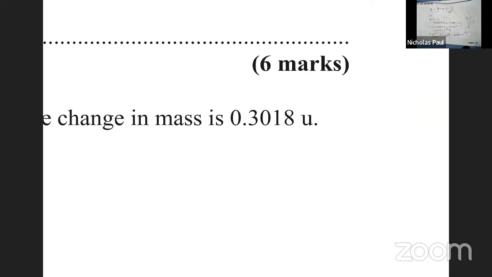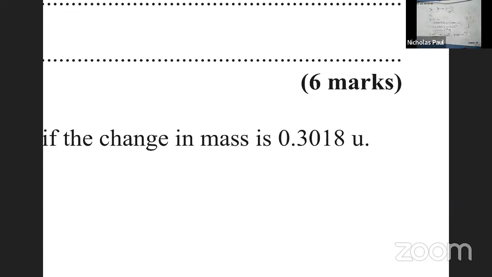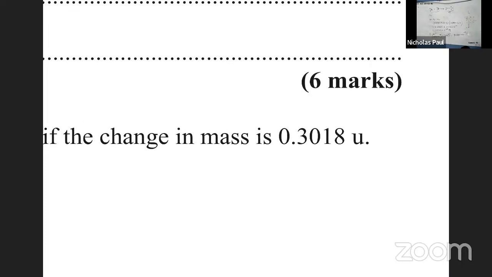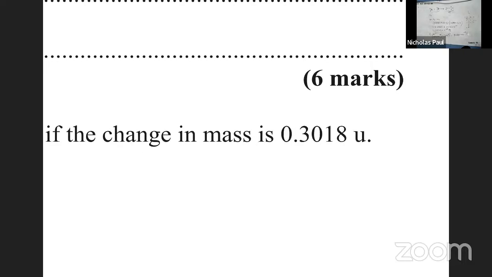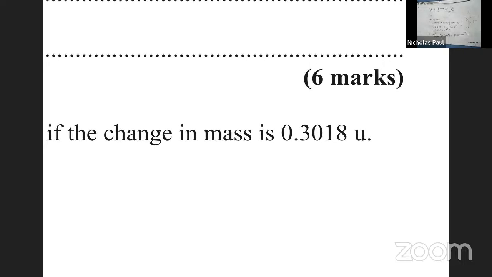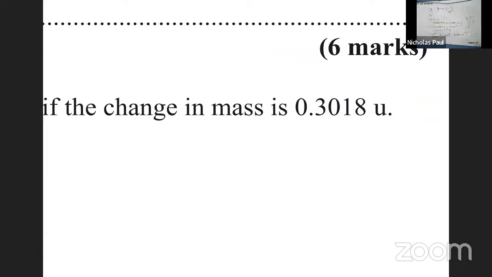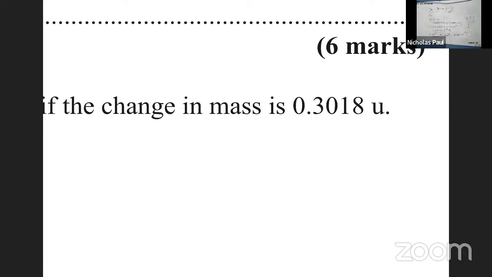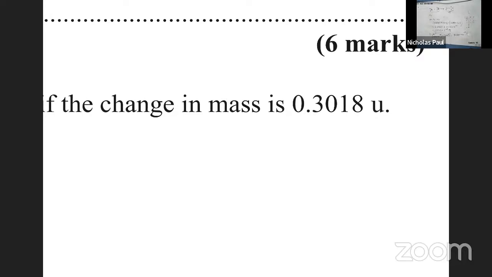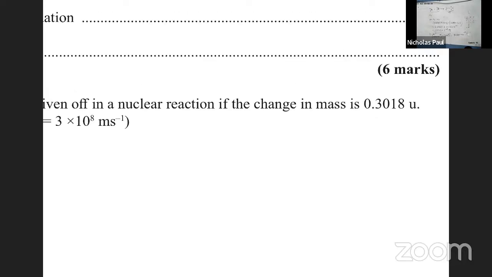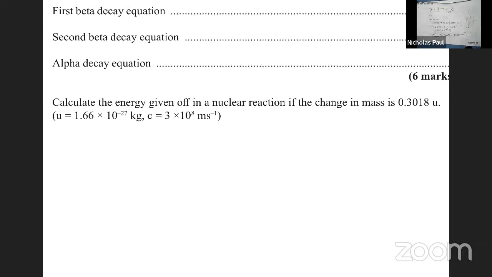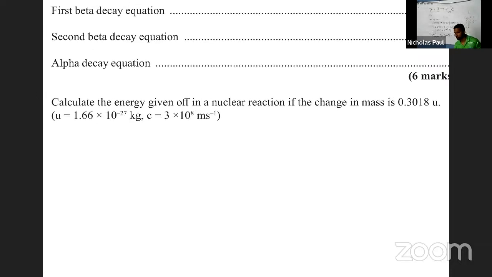Right, for those who are not seeing it, the value they gave you is 0.3018 U. They gave you the mass defect. 0.3018, and they wanted to find the energy. Right? Follow the steps I give you. Josiah, hurry up. Find the energy.